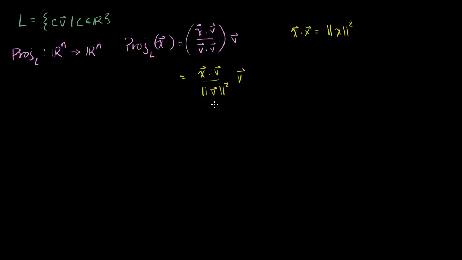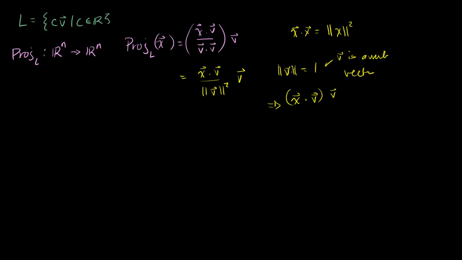Now, wouldn't it be nice if the length of v was 1? If v was a unit vector, then our formula for the projection would simplify to x dot v, which is just some scalar number, times v.